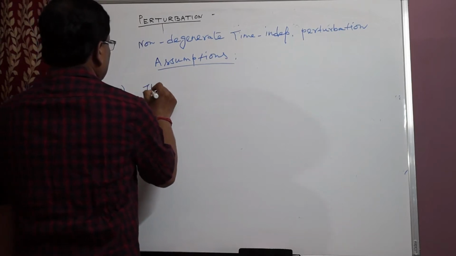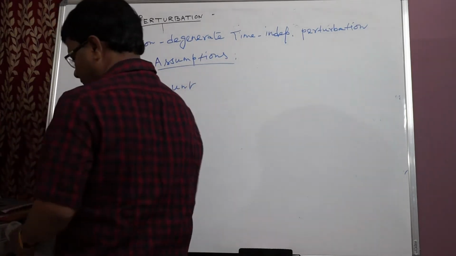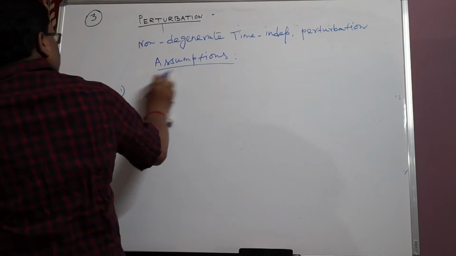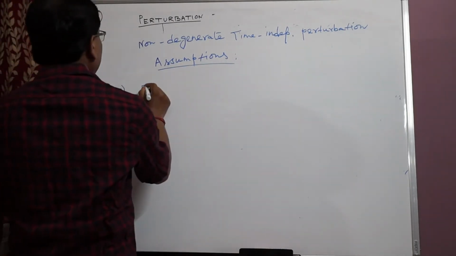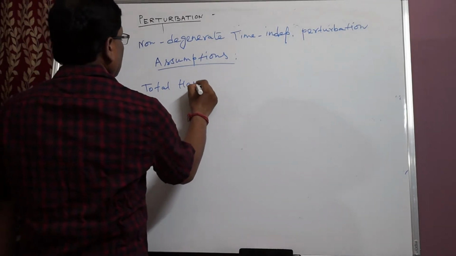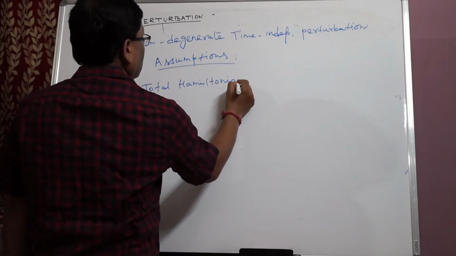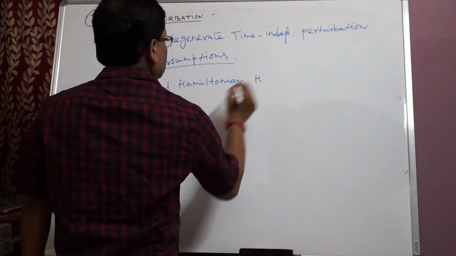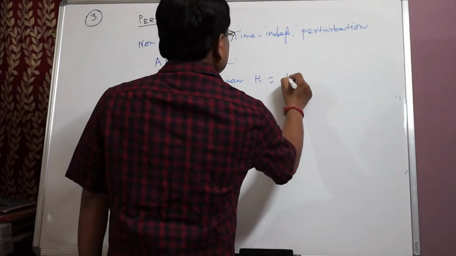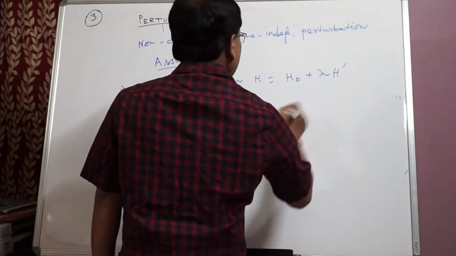The unknown total Hamiltonian H can be separated into two parts, H0 plus lambda H prime.